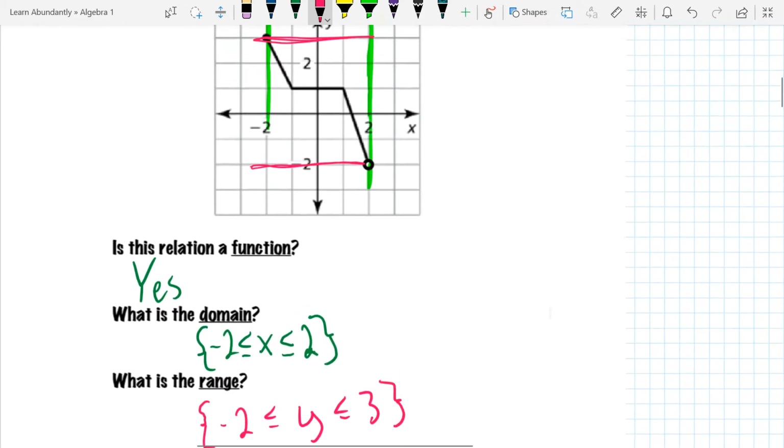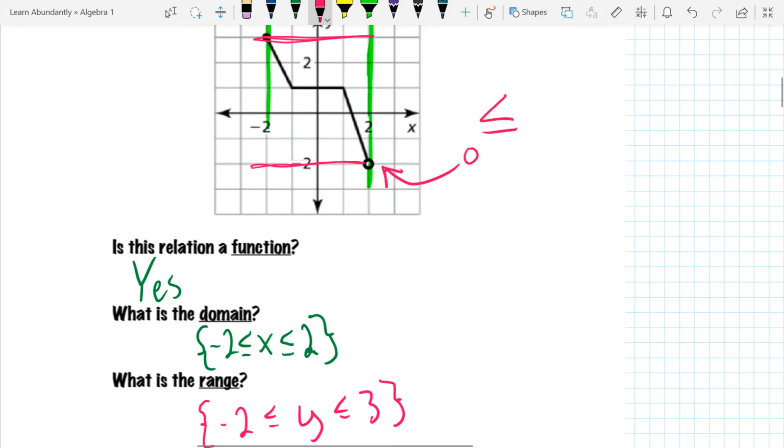Now, I want to draw your attention to the fact that this right there is an open circle. And if you remember from our inequalities, when we're solving inequalities, when we have an open circle, that means it's not equal to. If we have a closed circle, then it's equal to.